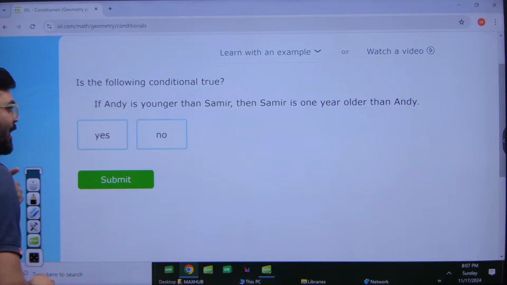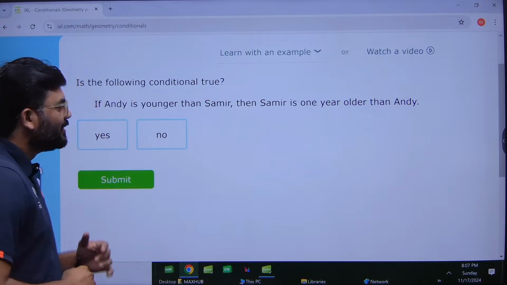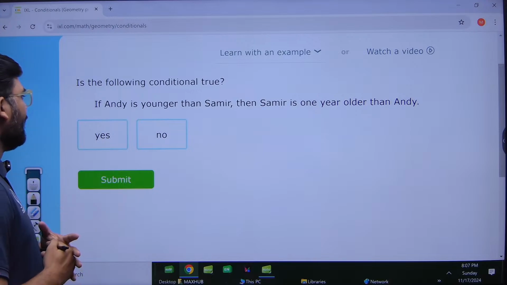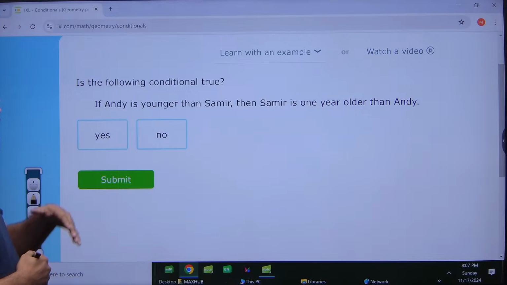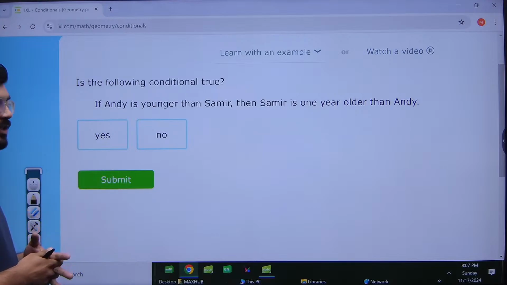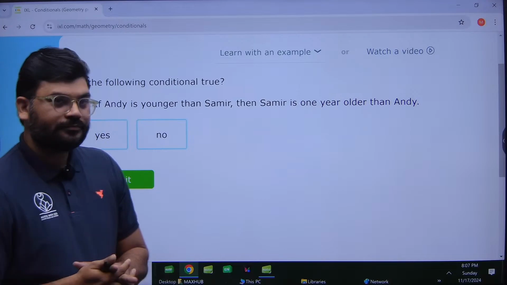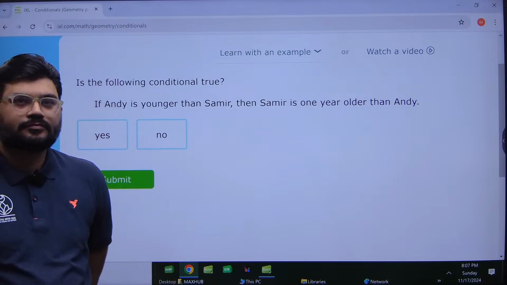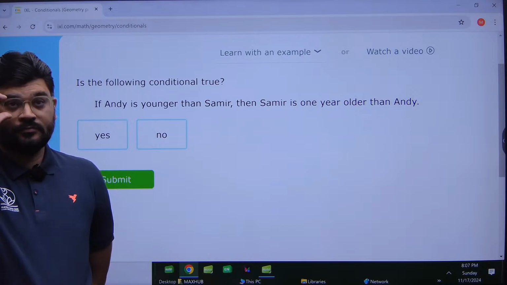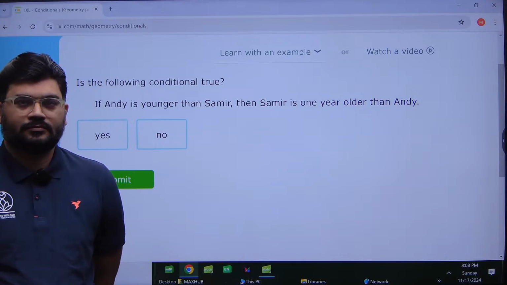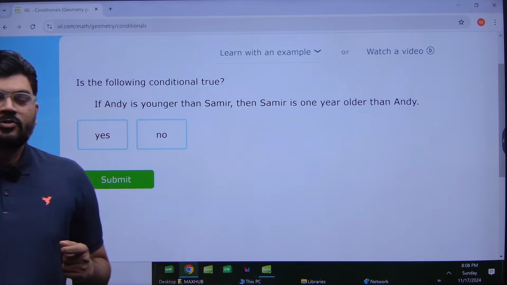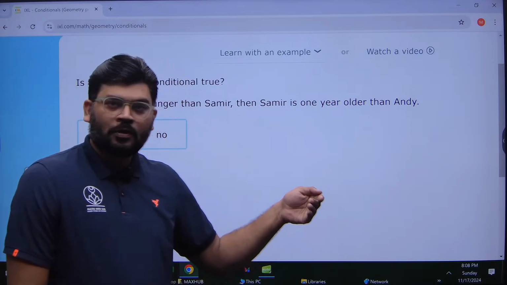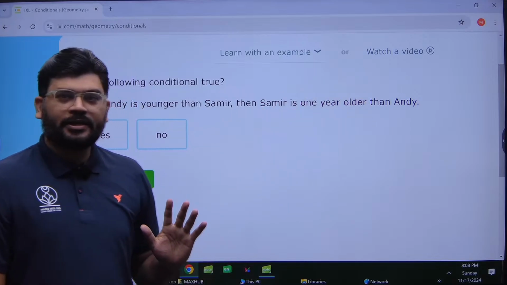If Andy is younger than Samir, then Samir is 1 year older than Andy. No, that's not true. Can you give me a counter example? Give me an example where the given condition holds true, but it is not saying the whole part of the statement.